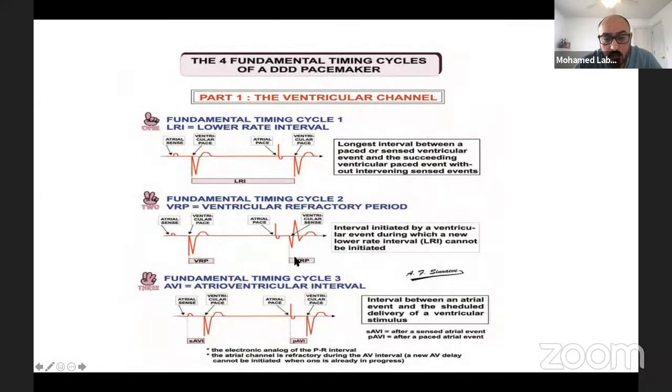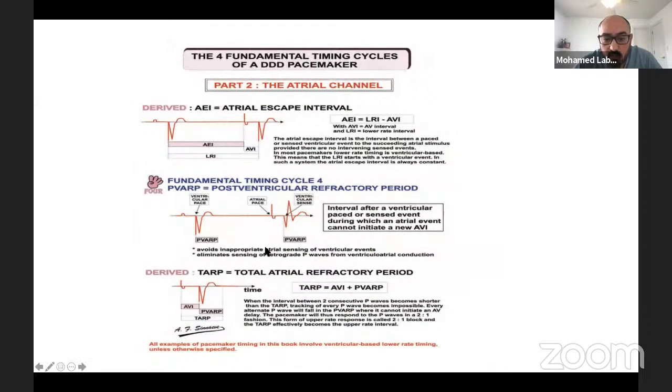VRP is basically, I don't want you to pace in the ventricle at all after a sensed or paced event for this amount of time. PVARP is different, and we'll talk about why this is important. Both of them are important, but this has a different reason: if you pace or sense anything in the V and something happened in the A, I don't want you to act upon it. This is what we call the post-ventricular refractory period.